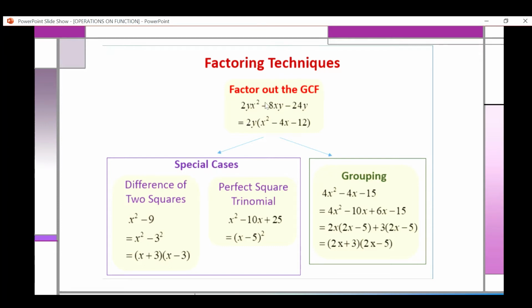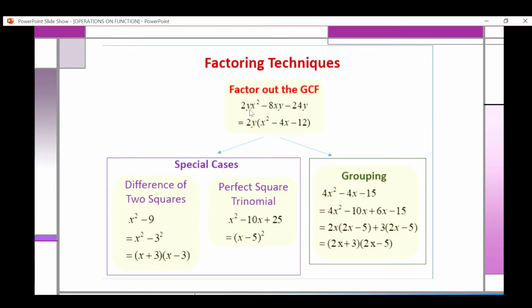So, dito, mapapansin natin, pare-parehong divisible, pwedeng i-divide kay 2y yung mga terms. So, ilalabas natin siya. Okay? Tapos, ito na lang yung mga natira.